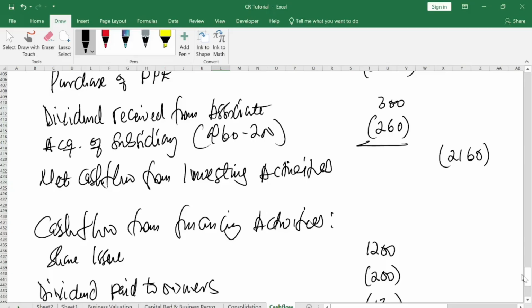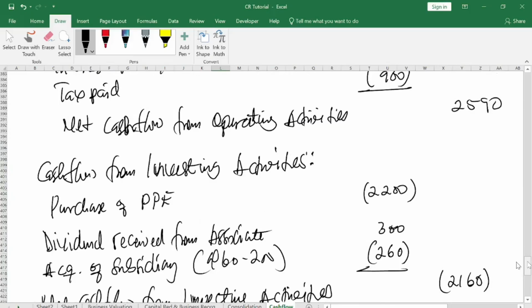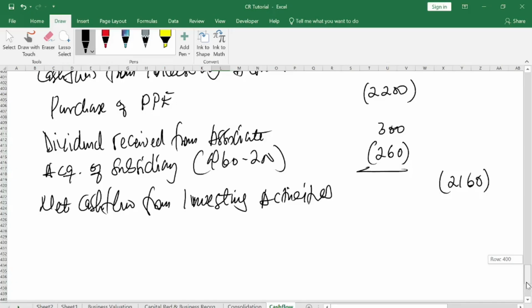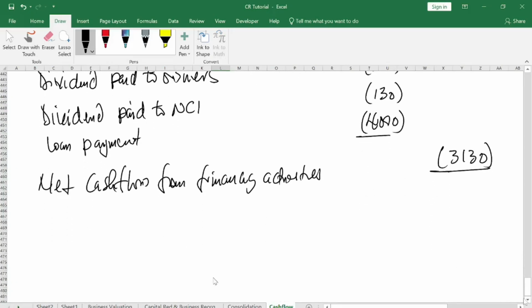You are at 2160 plus 3130. Okay, minus 2700. Good. So this gives you what? Net cash flow. All right, so minus what? 2700. Good. Have you seen that?